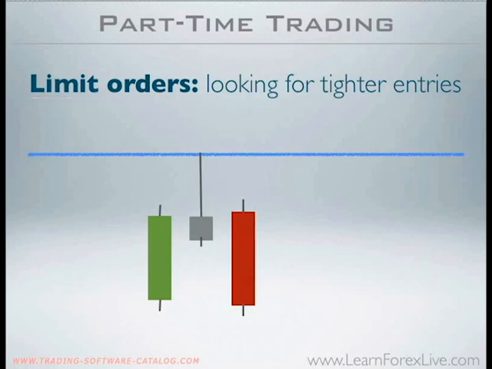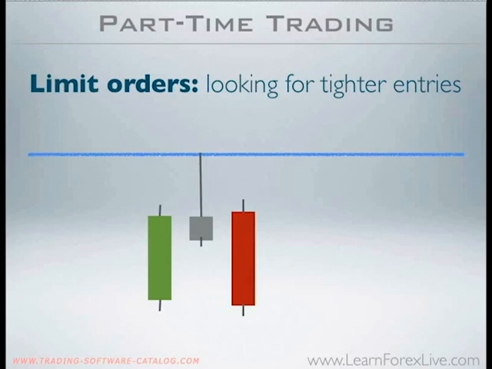Basically, an order to instruct your broker to execute you into the market at a price level different than the actual current market price. When you manually click on your buy or sell button, your broker executes you right there, at whatever the current market price is.